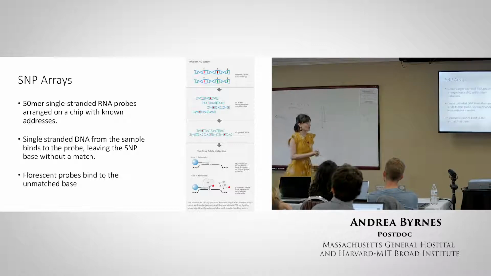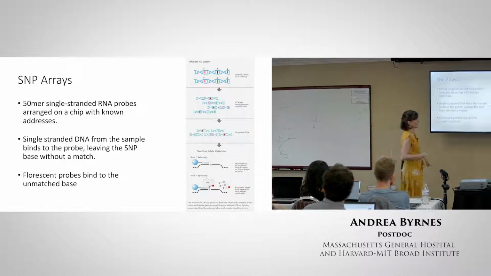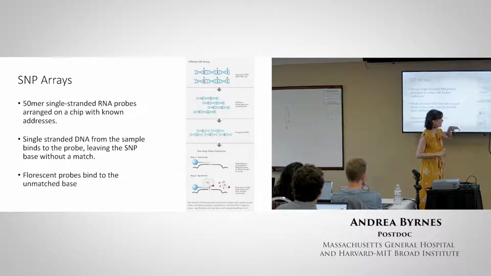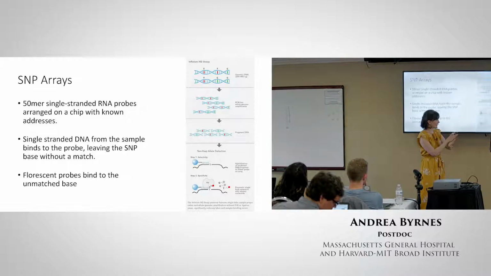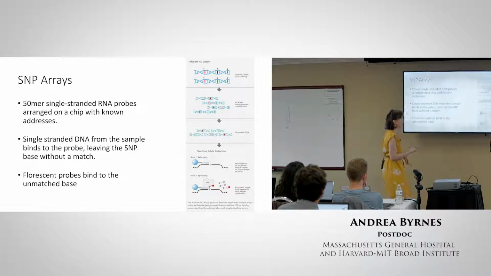When you wash your DNA over it, some of these procedures involve heating up the DNA so it denatures a little bit. You end up getting your single strand, and usually the SNP that we're interested in is here. You get your strand binding specifically here.